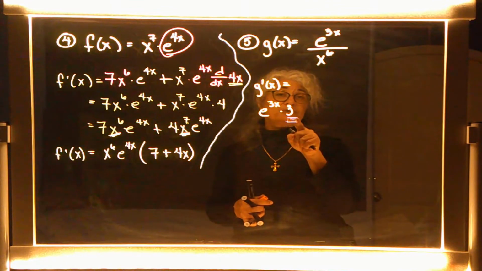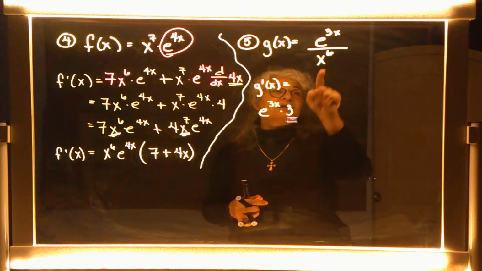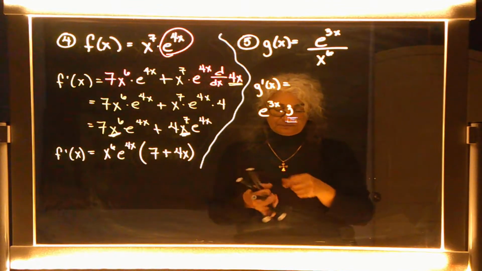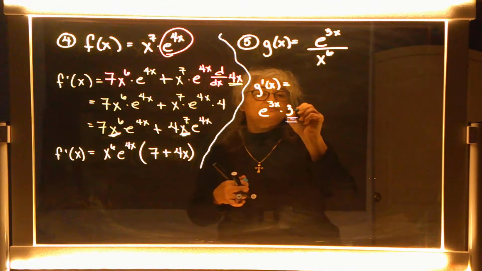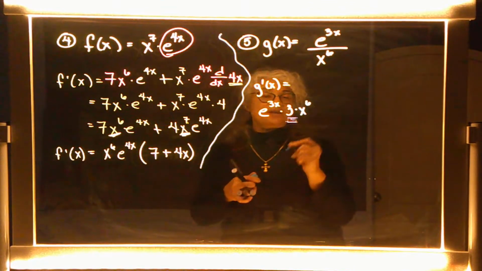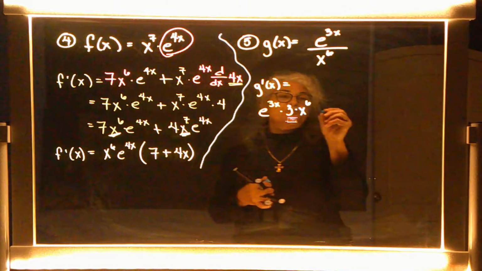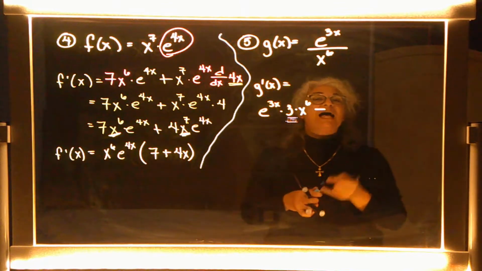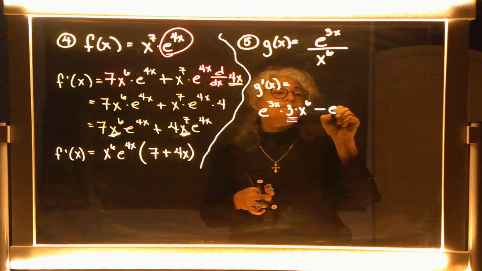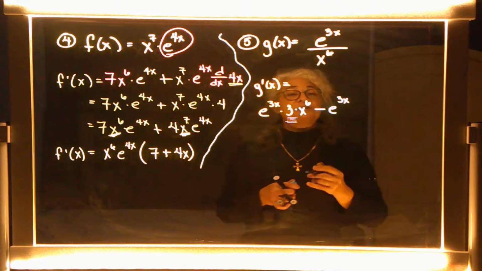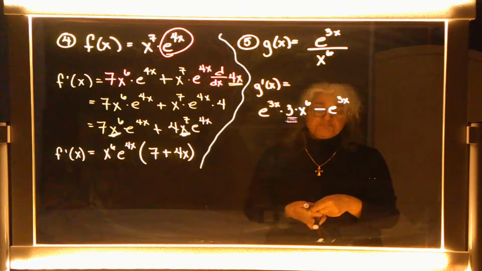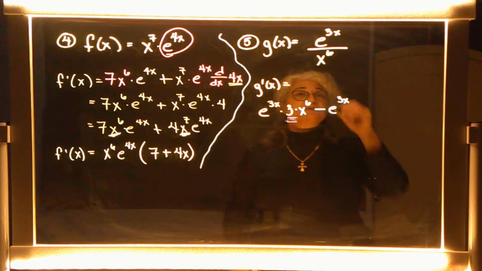And then you're going to multiply this by the denominator. All right. And then what? Good, we subtract. And then we write the numerator. And what do we do? Good, multiply it by the derivative of the denominator.